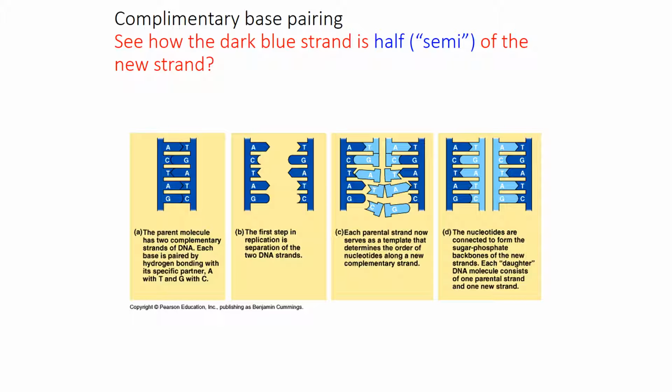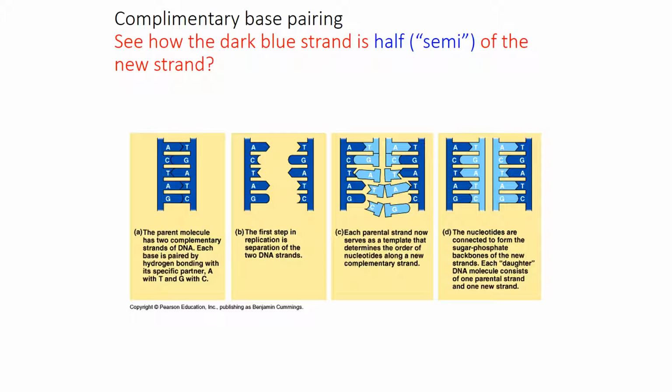If you had 30% of A, that meant 30% of your DNA was composed of T, and 20% would have been composed of G, and 20% would have been composed of C. That's all he said. It was Jim Watson who came up with how the bases paired together.